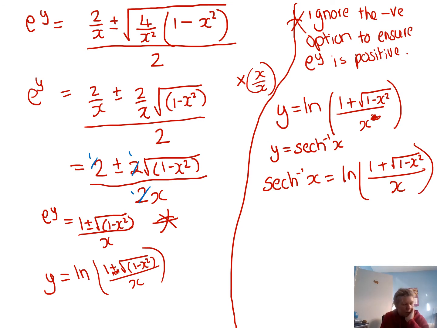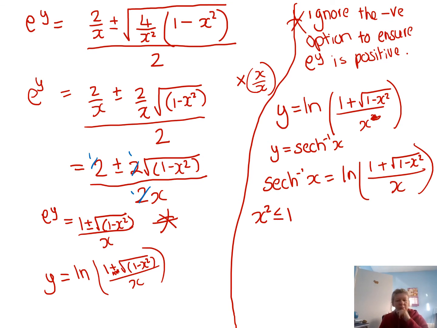But in the domain and the range now, we can see from that, you can't square root a negative, so x squared has to be less than or equal to 1, doesn't it? It can't be anything bigger than 1, or you'll be square rooting a negative and that wouldn't be happening.